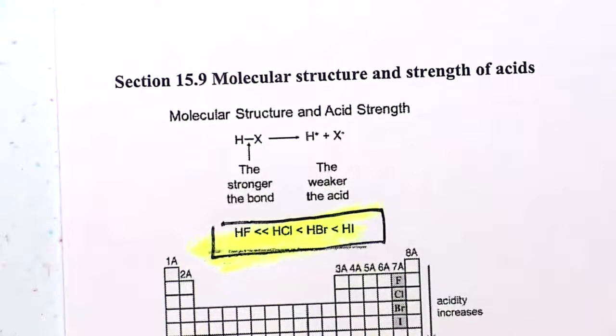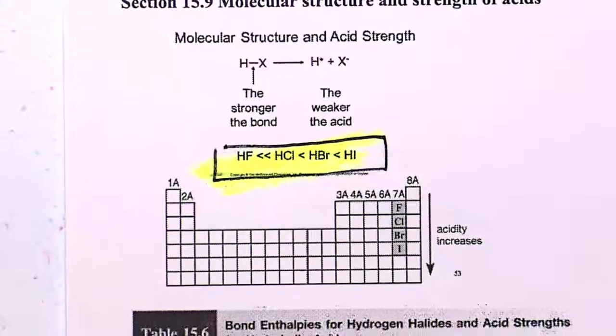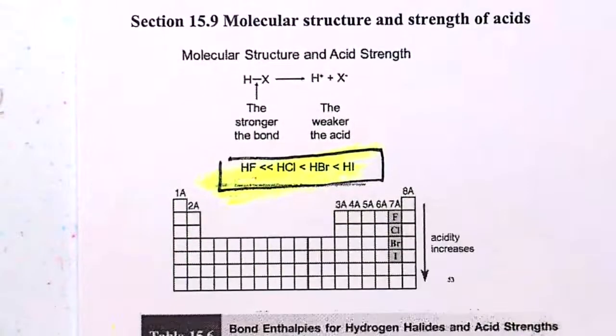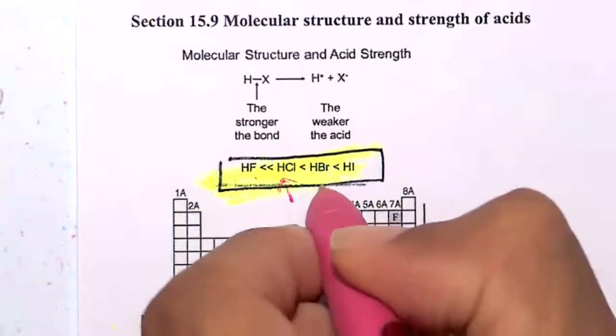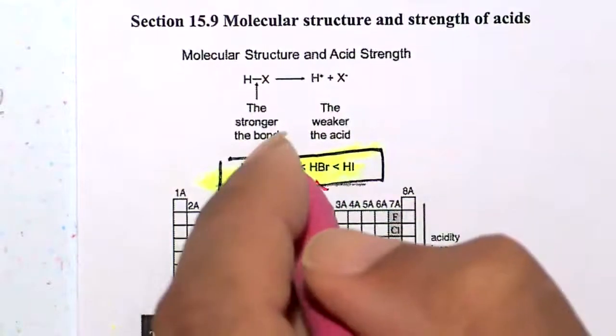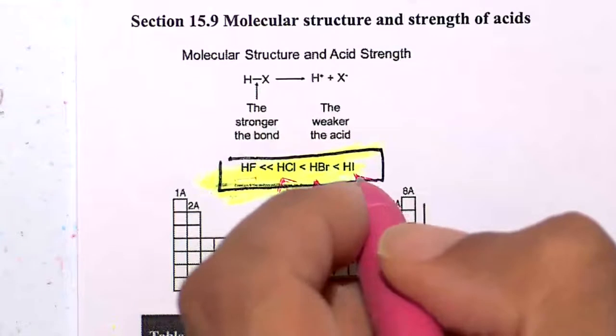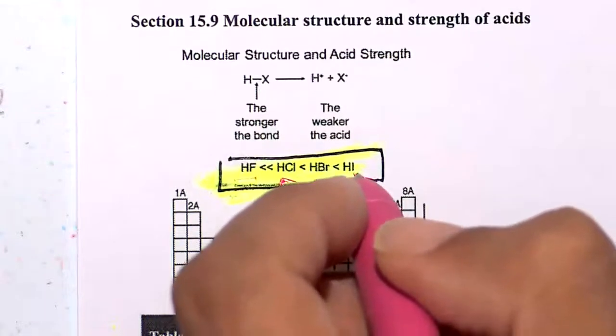If you look at the halogens, group 7 or 7A, we have hydrofluoric acid. We have HCl, which is part of our 6 strong acids. We have hydrobromic acid, which is part of our 6 strong acids. And then we have HI, hydroiodic acid, which is part of our 6 strong acids.